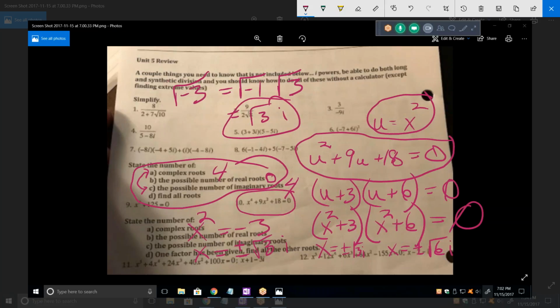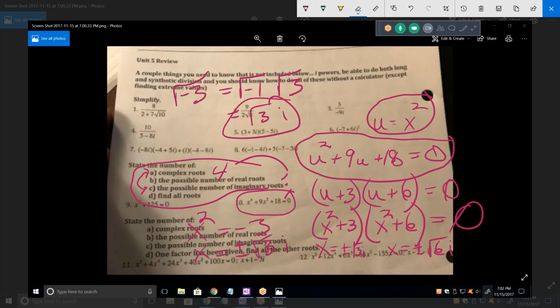But first of all, complex means the same as imaginary. Yeah, but you can figure it out like there's 4 possible real roots for number 10, and then there's 2 possible imaginary roots for number 10 without solving for the x's. Okay, maybe that is what she's getting at. I think you're right.